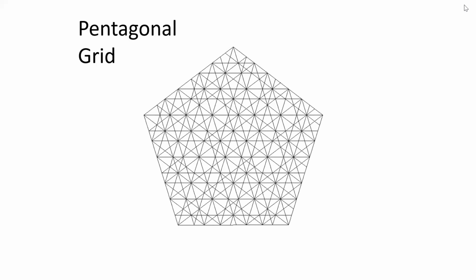Then we eventually end up with this pentagonal grid, which is very fractal-like in character, very mysterious. You see, if you look at this design, you see parallel lines. And the perpendicular distance between any two such sets of parallel lines will also, when you divide the perpendicular distances between them, you will get a ratio of 1.618 as well.